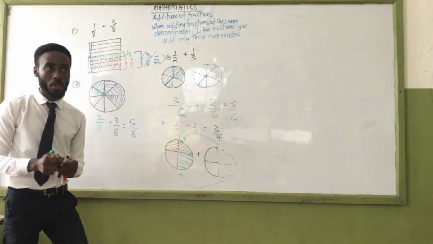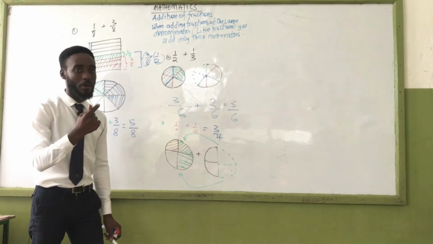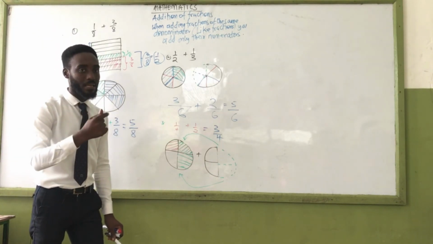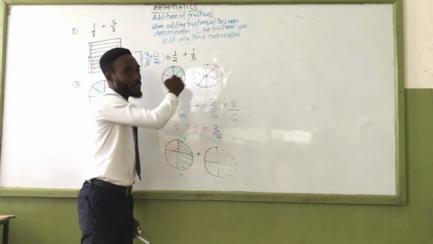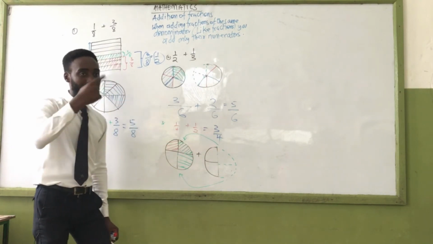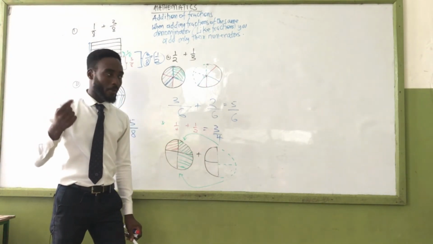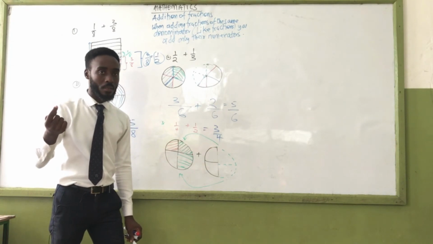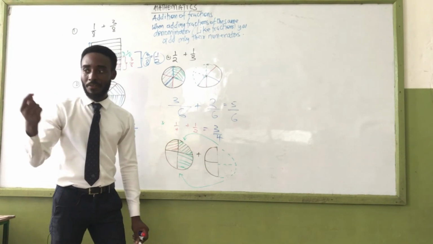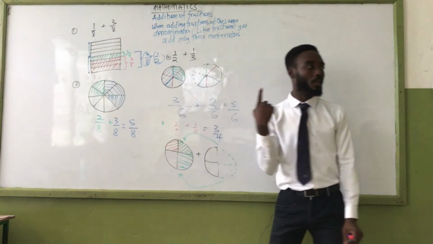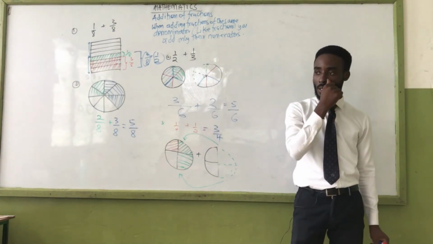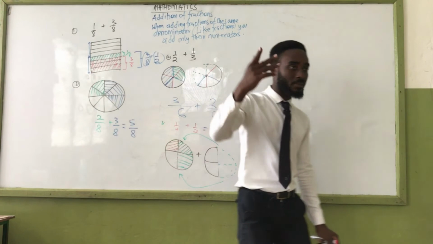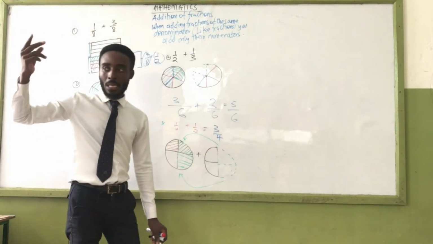You'd always realize that when you have to add fractions that are unlike, you make them like fractions. Is that okay? And what are like fractions then? Like fractions are fractions that their denominators are the same. So fractions that have the same denominator. Is that okay?